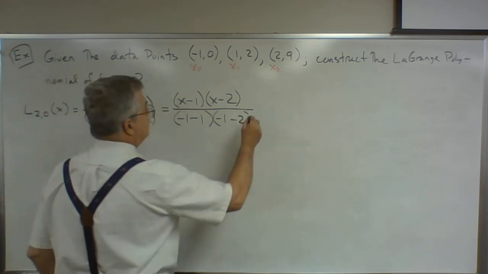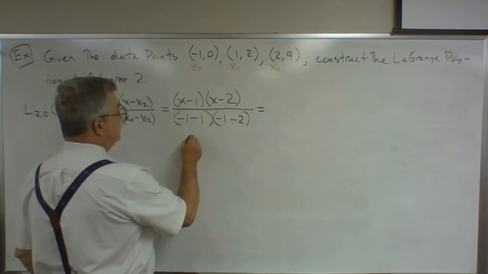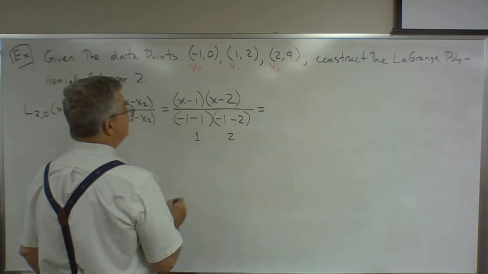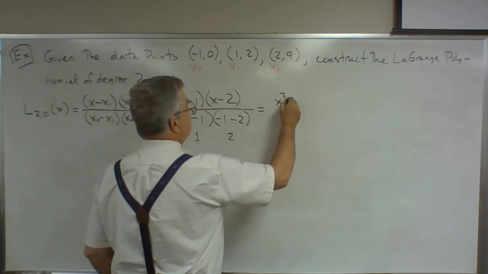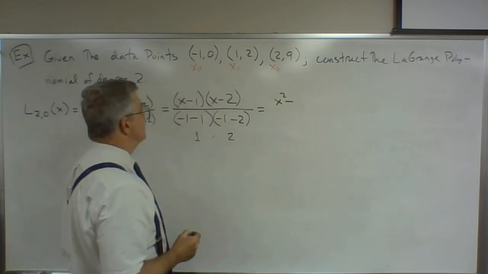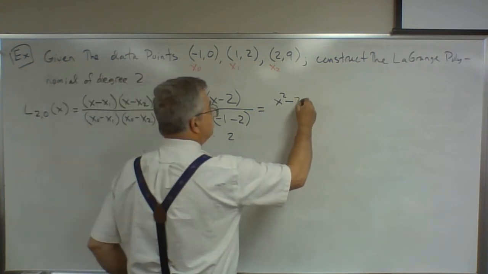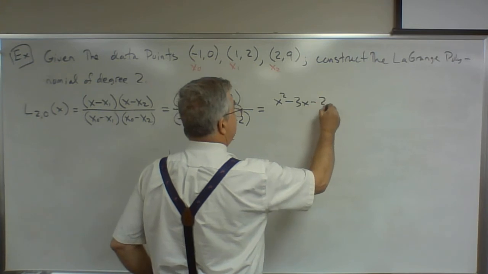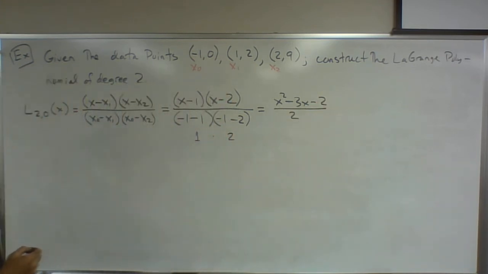Okay. Then we have plus 1 times plus 2. And up top we have x squared minus x minus 2x plus 2. So that's our first approximating polynomial.